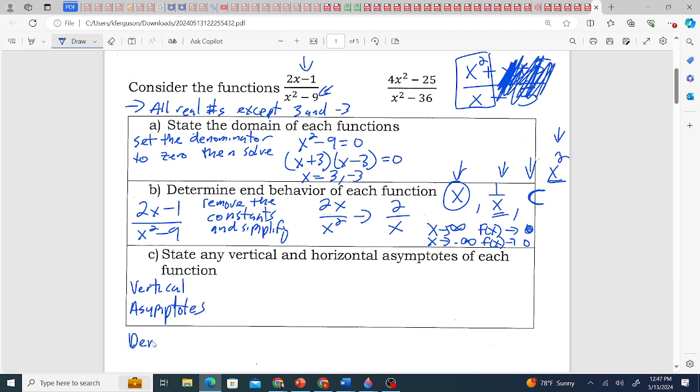You set it equal to 0. So for this same problem, my vertical asymptotes are x equals 3 and x equals -3. Or you can think of it as your excluded values.